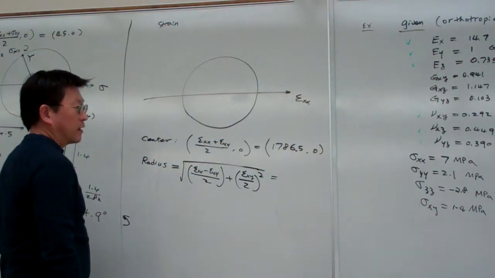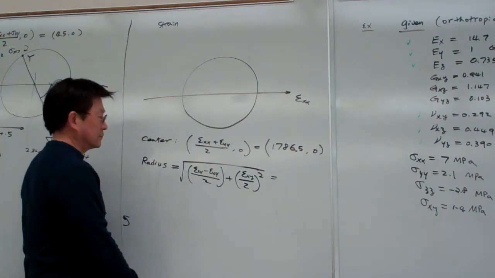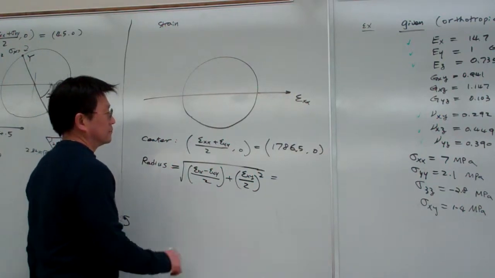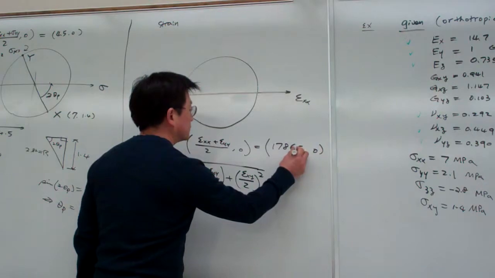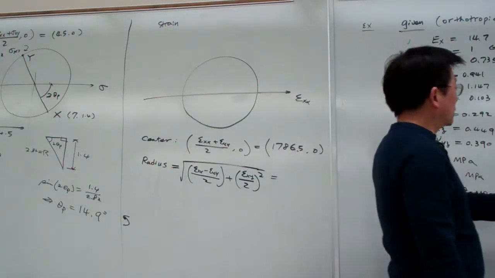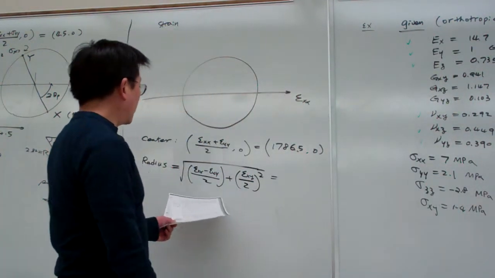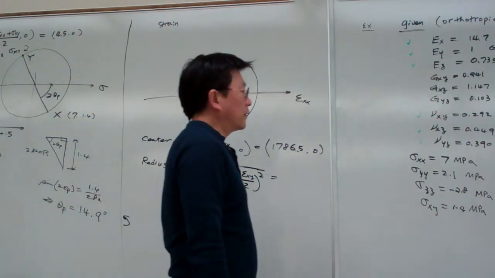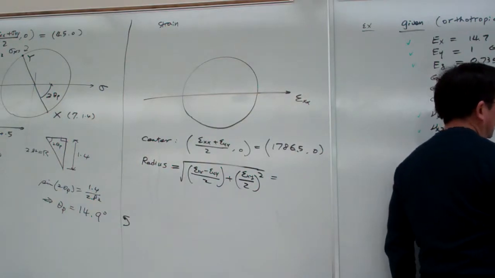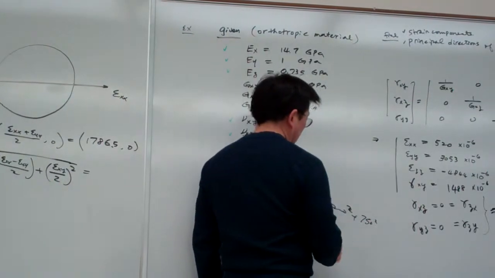Can anyone do this calculation for me quickly? So this will be 25 divided by 2, about 1200, plus this one half square, 75 square.